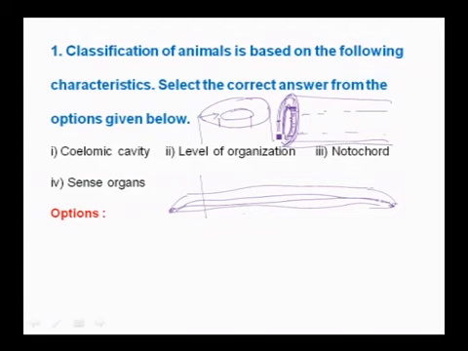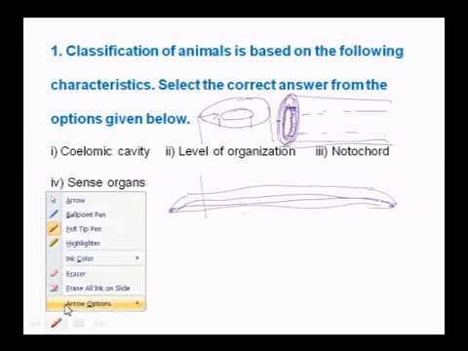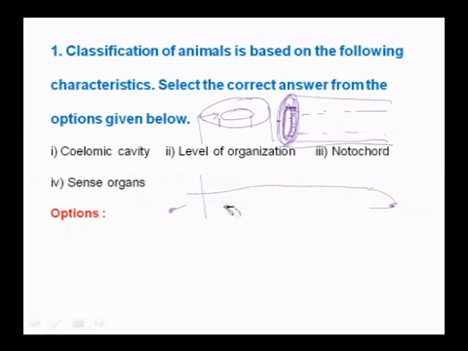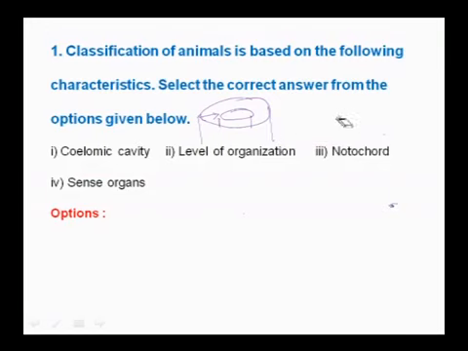Based on whether coelom is present or absent, one can decide the complexity of the organism. Similarly, another one is diploblastic or triploblastic nature. What is this? Some organisms, in the embryonic condition, have a body made up of two germinal layers.